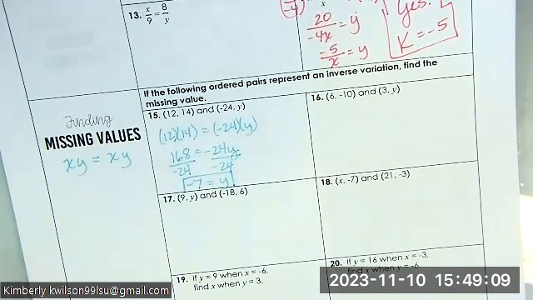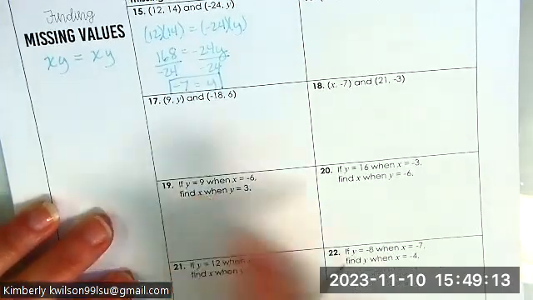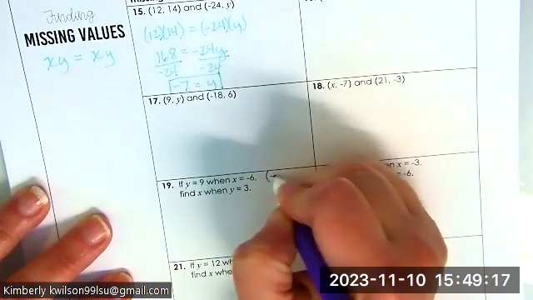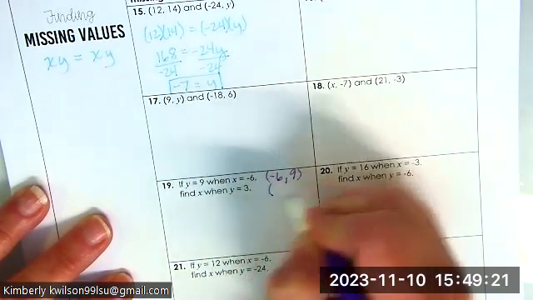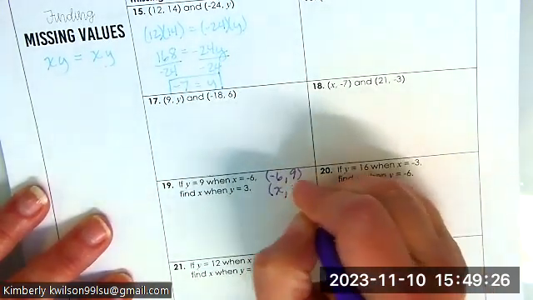When we're looking at 19, it doesn't give it to us as ordered pairs, so go ahead and write them as ordered pairs. If y equals 9 when x equals -6, so that's going to give me the ordered pair -6, 9. We're wanting to find x, so I put in an x for that, when y equals 3.